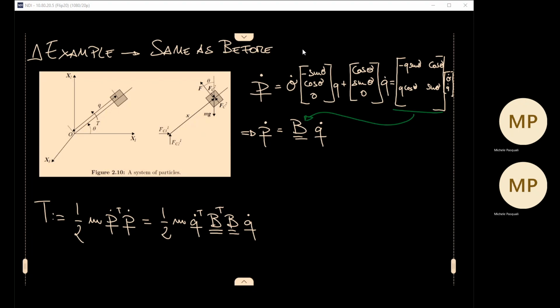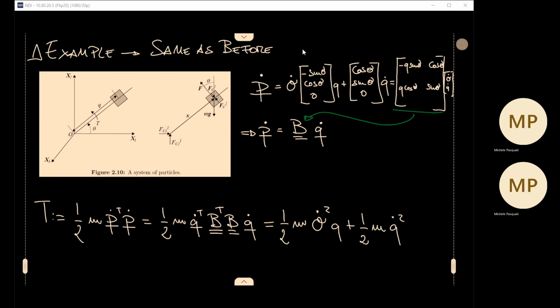And if you do the math, it's super simple because the product of B over itself is almost an identity matrix, a 2x2 identity matrix almost. It becomes 1/2 m theta dot squared q squared plus 1/2 m q dot squared.